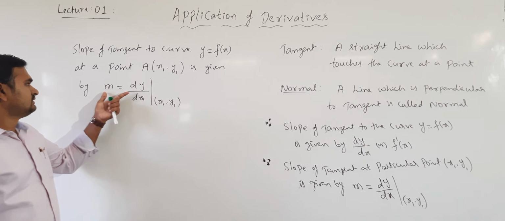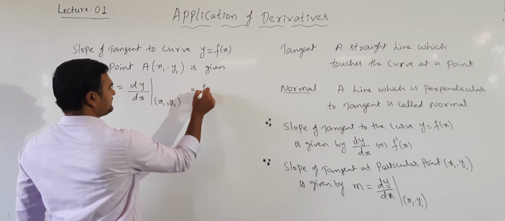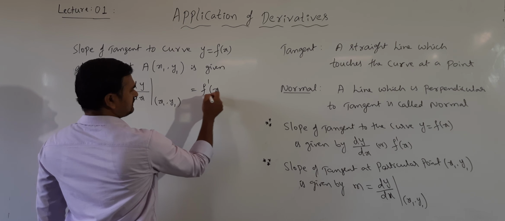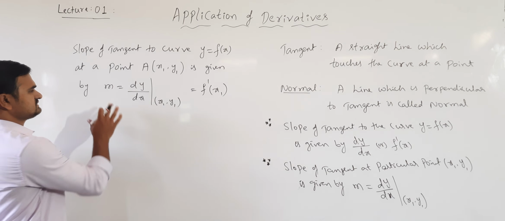It is also denoted by f dash x. At the point x1, it is f dash of x1. So this is the slope.